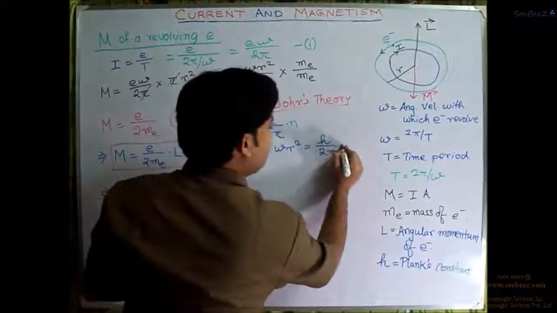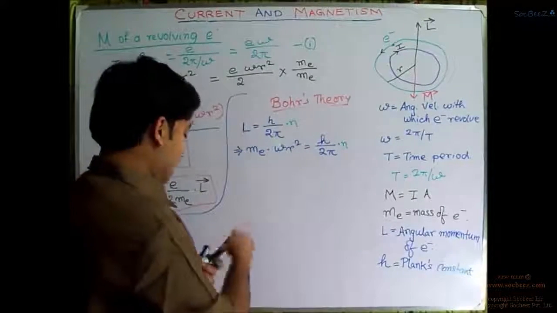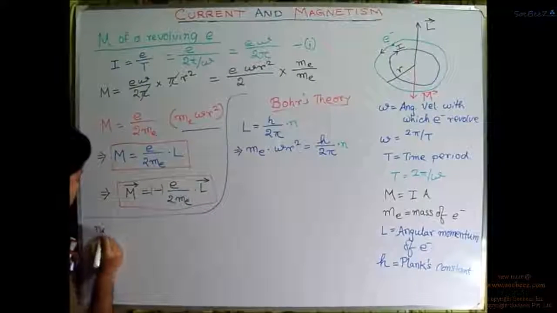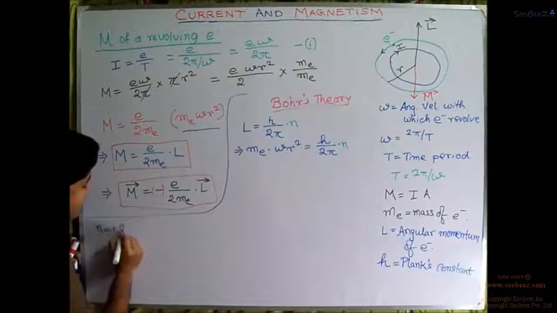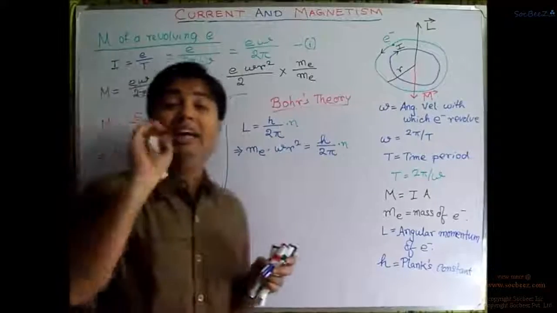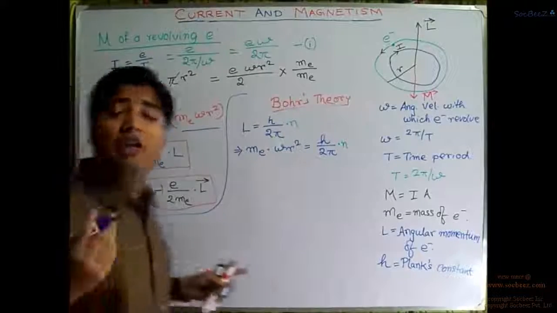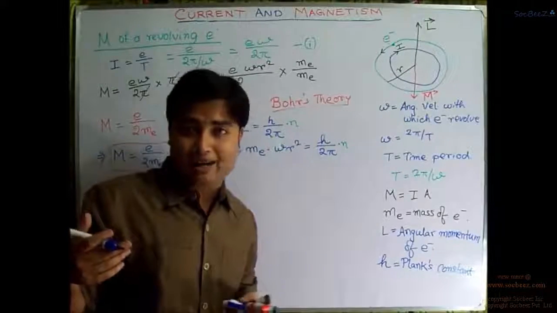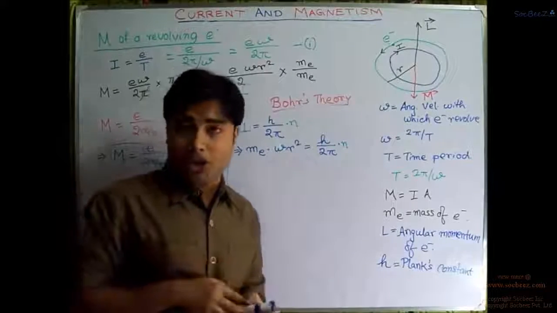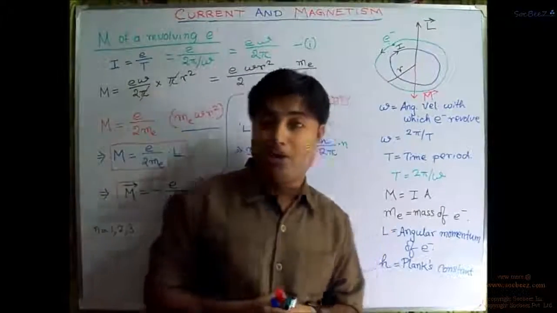Over here also it needs to be multiplied by n, where n is regarded as integral values equal to 1, 2, 3, like this. It will be an integral value, not any fractional value, say n equals 1.5 or n equals 2.75, not like that. Right? As in the case of the quantization of charge, likewise n will be treated only as integral values.